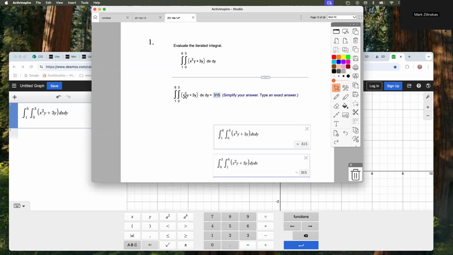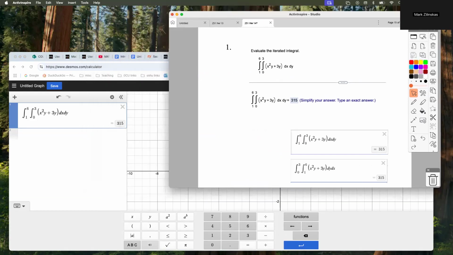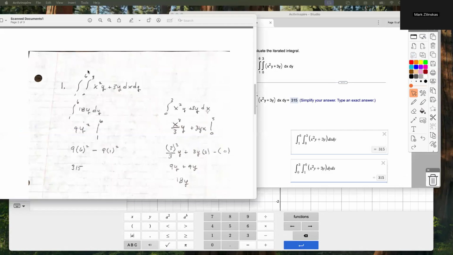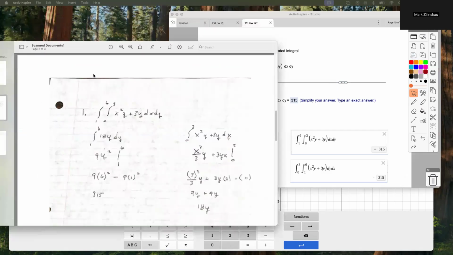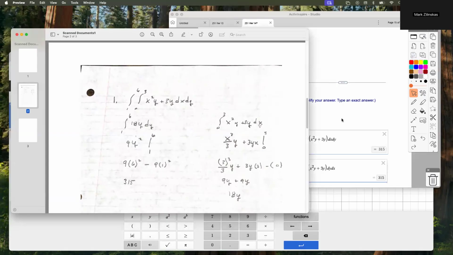Sometimes it matters in the order in which you do dx, dy, but generally speaking, we start on the inside first if we're going to do them by paper and pencil. So let me pull an example of that in here for you. This is the problem that I'm working with here.